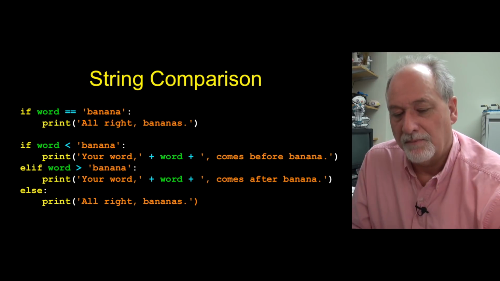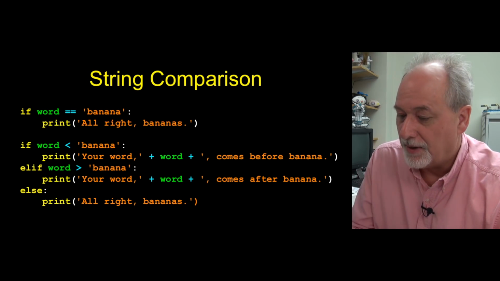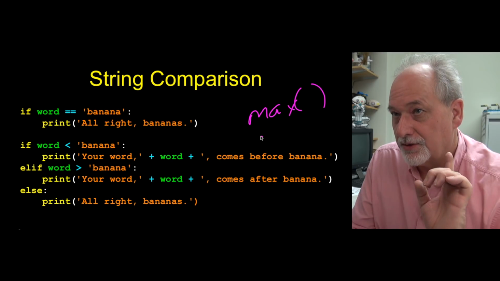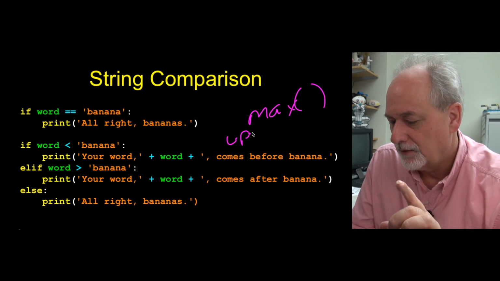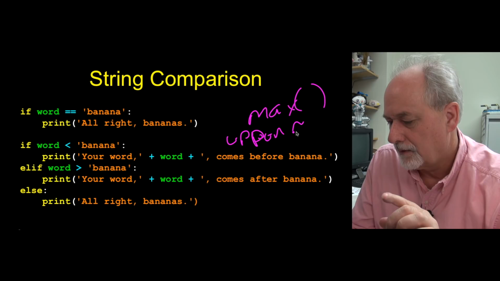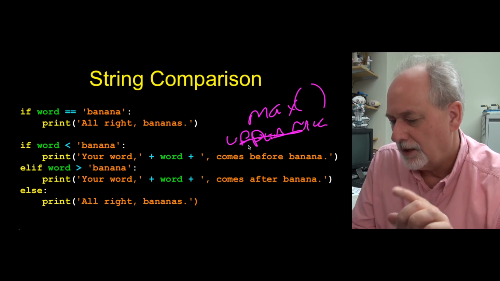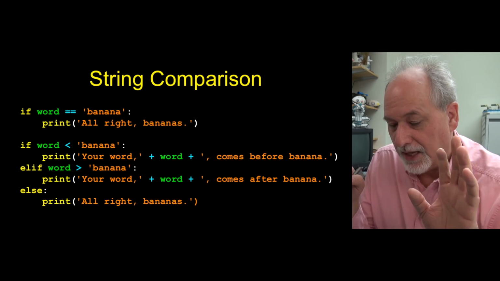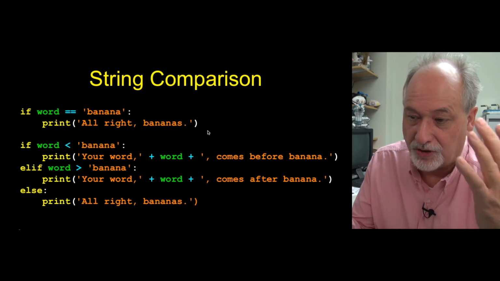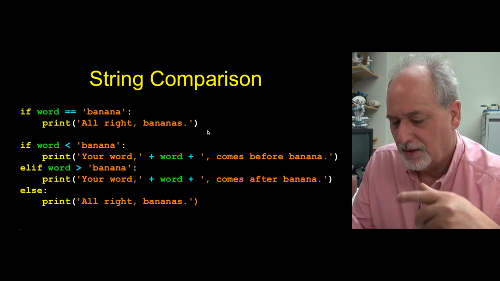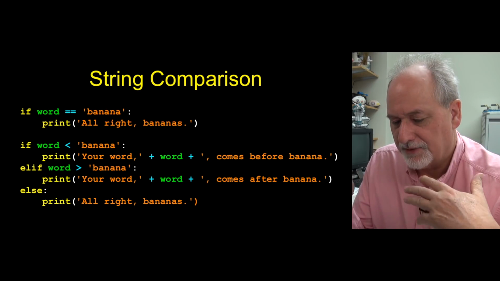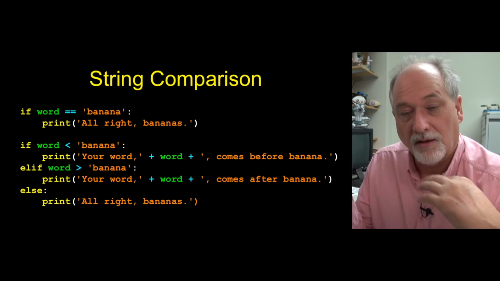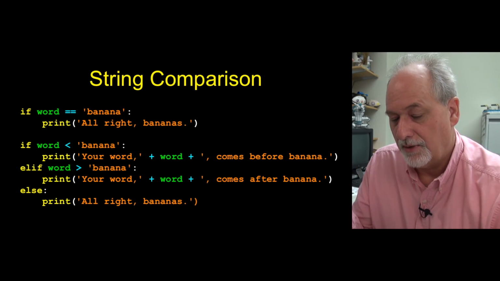I think when we used the max function earlier, the way my computer was set up, uppercase was less than lowercase, but in general, it's bad to assume case, but there is a deterministic way to sort strings. You can have something equal to or less than or greater than, and all those operations work naturally.